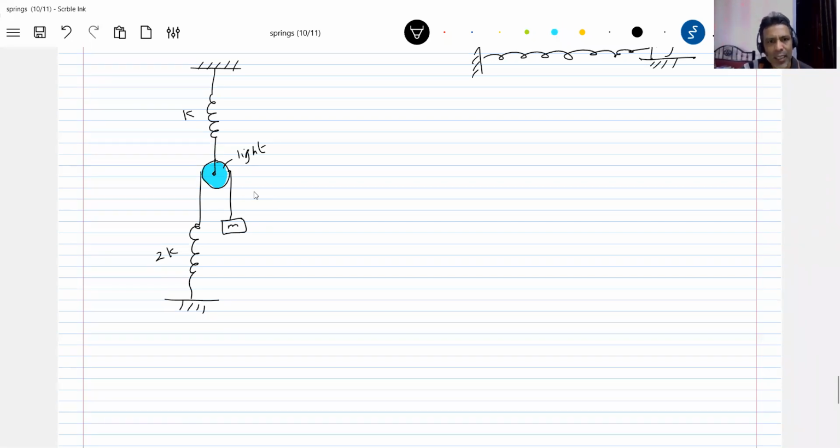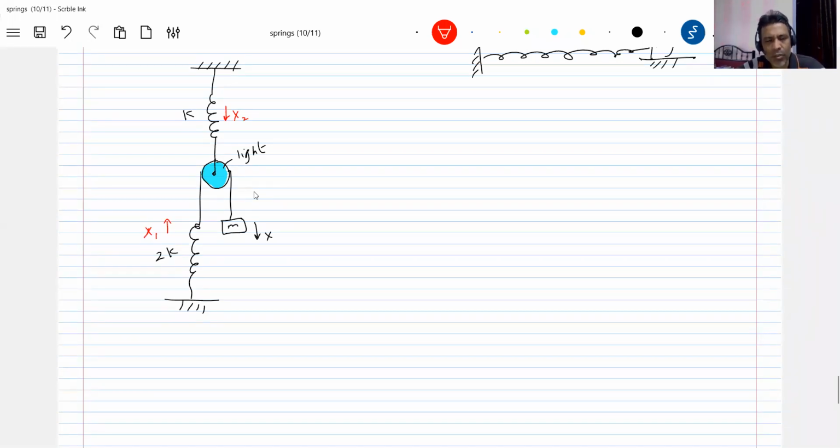Let the displacement of the block be X. You pull down the block by X. Then let this spring be elongated by X1 and this spring be elongated by X2. Assume only spring 2K is there.